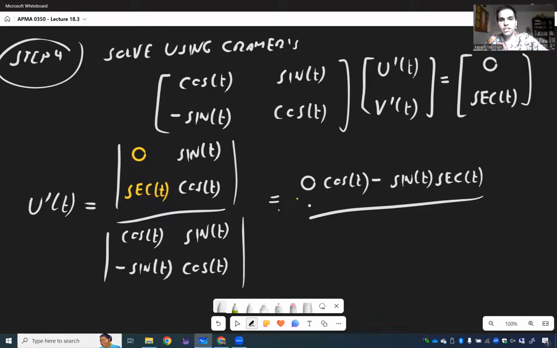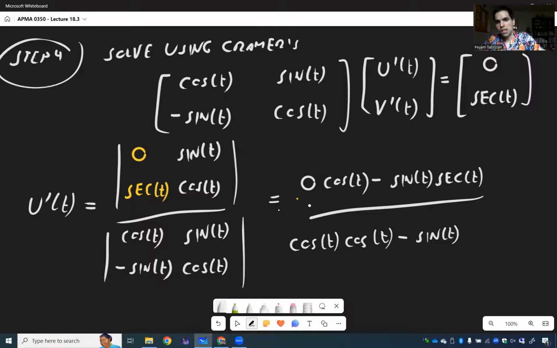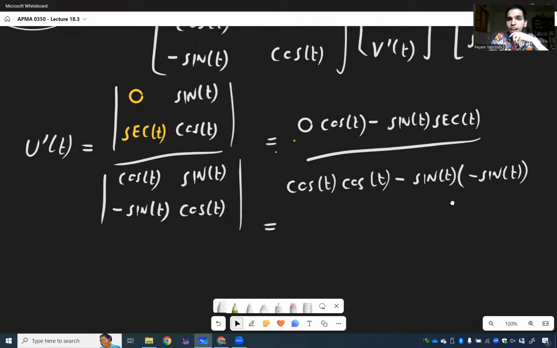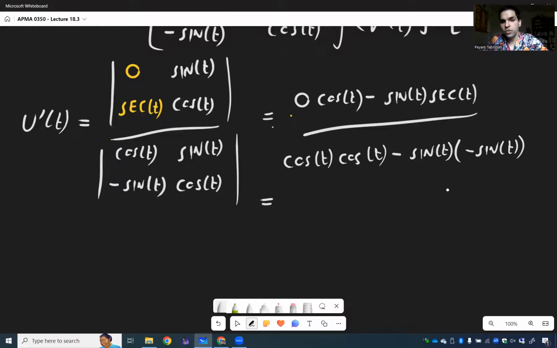And then for the denominator is cosine t, and then minus sine t times minus sine t. It's minus sine t. And if you look at the denominator more carefully, that is in fact cosine squared plus sine squared, which is 1.